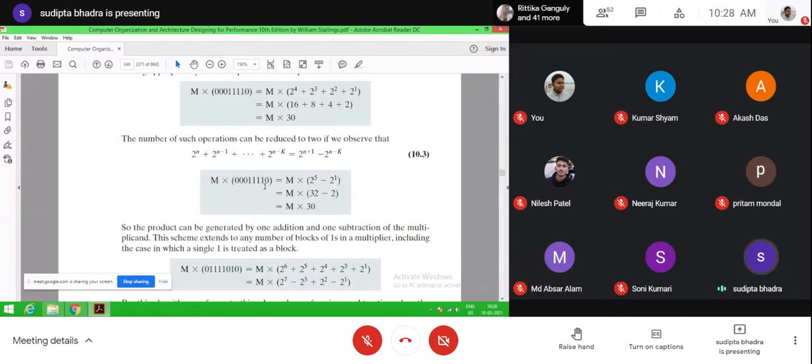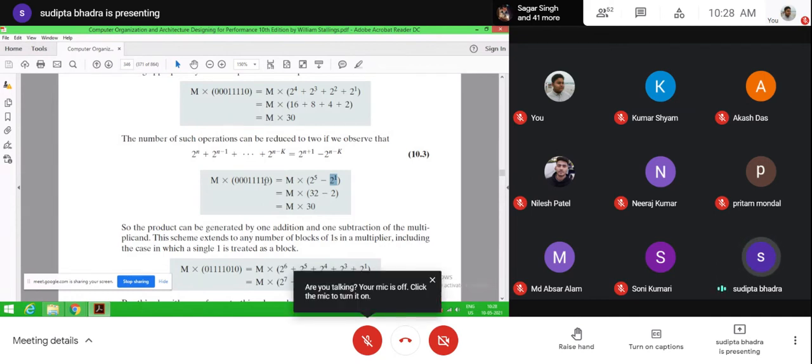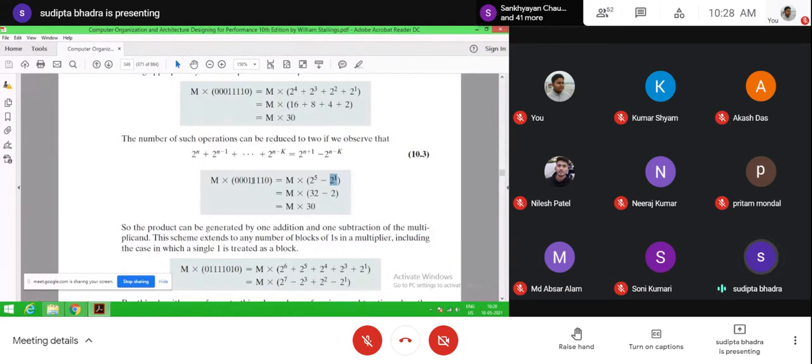But here you have to understand what 2 to the power 1 is reflecting. 2 to the power 1 reflects that particular change which happens in the bit position from the right side, when 0 then there is 1, and 2 to the power 5 reflects what? 2 to the power 5 reflects when there is a 1, then the next bit is 0, means the bit sequence is 0 1.